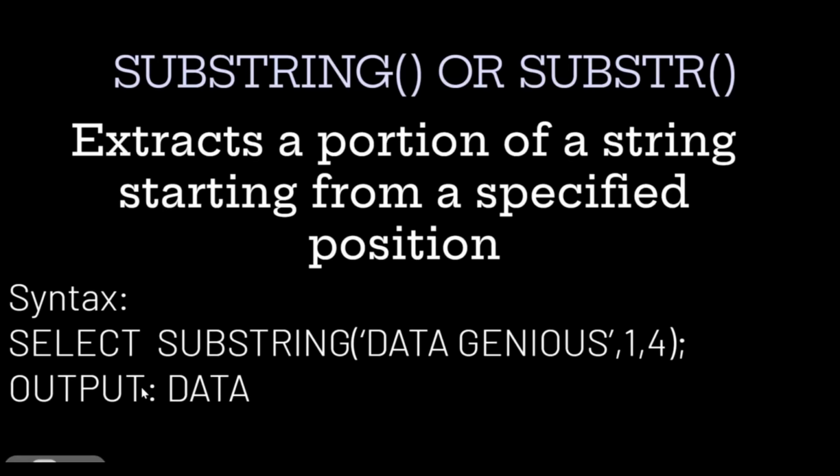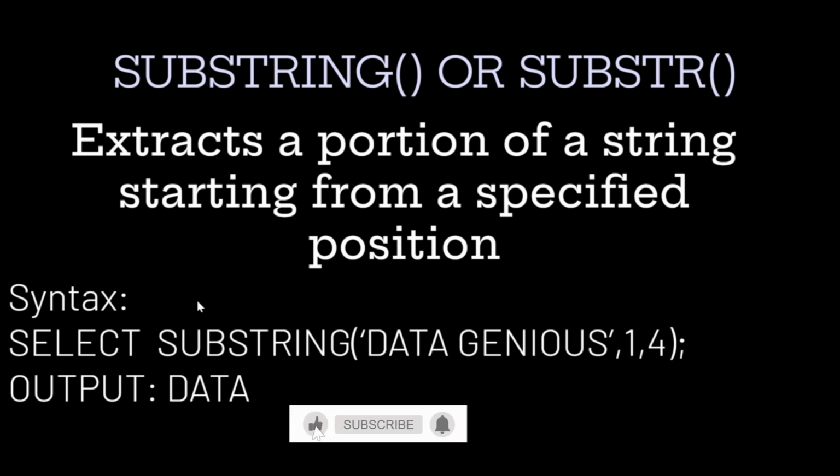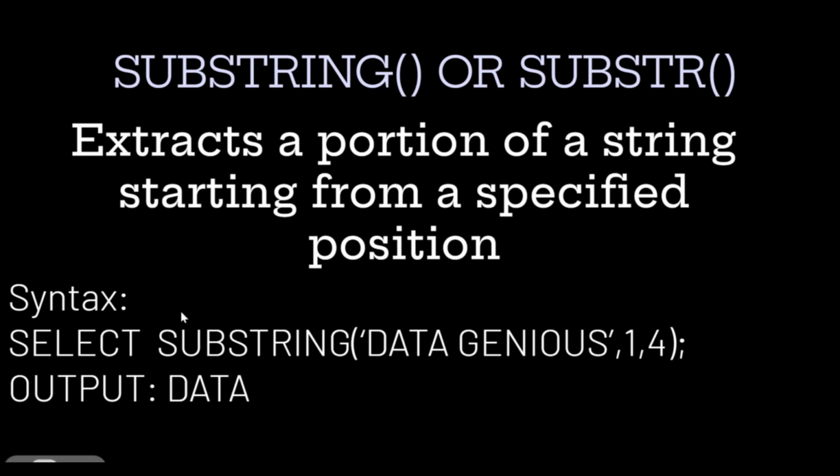So the first function we have is substring or substr function. Basically what it does is it extracts a portion of a string, from a starting position to an end position, like from where you want to extract till what you want to extract. The syntax is select substring data genius.